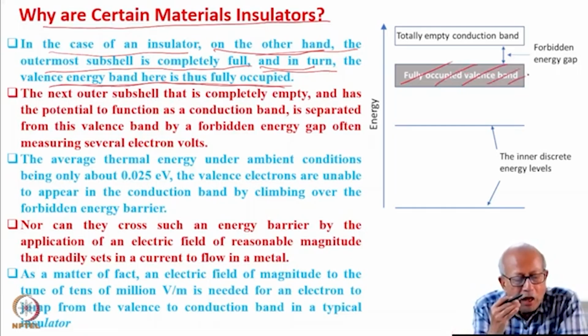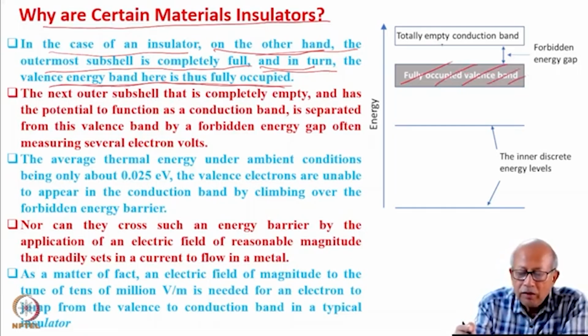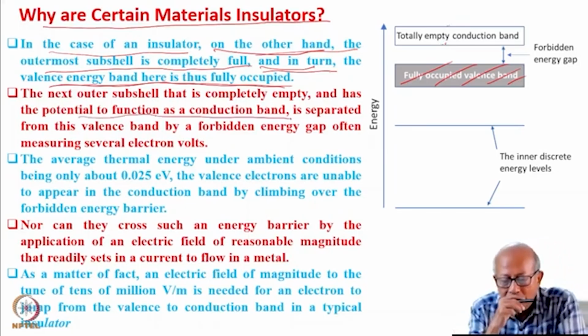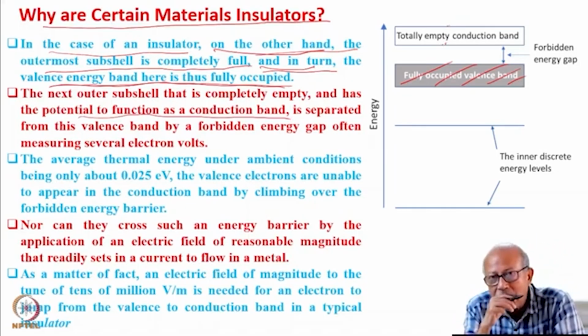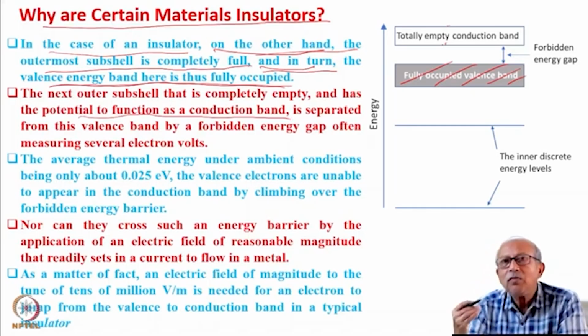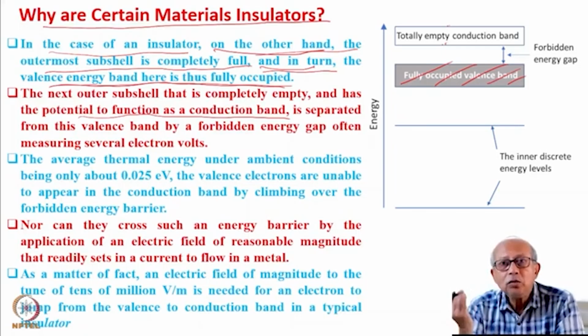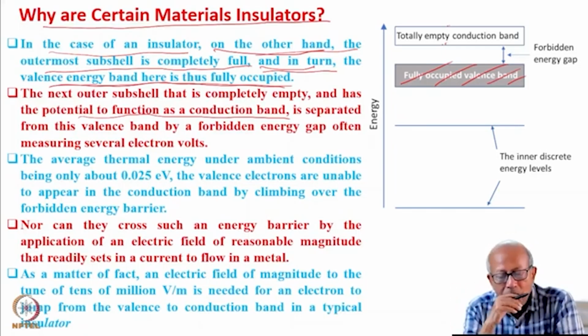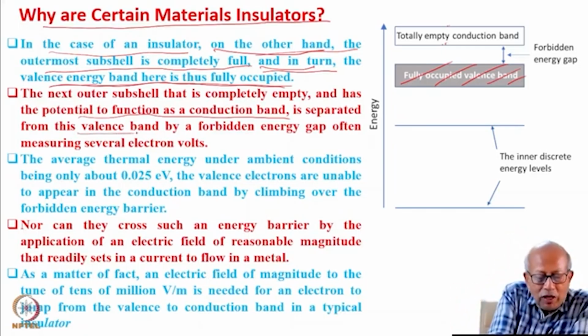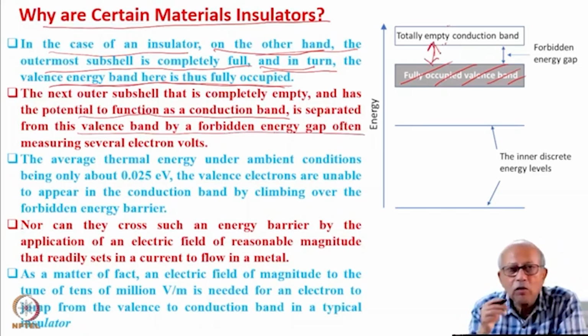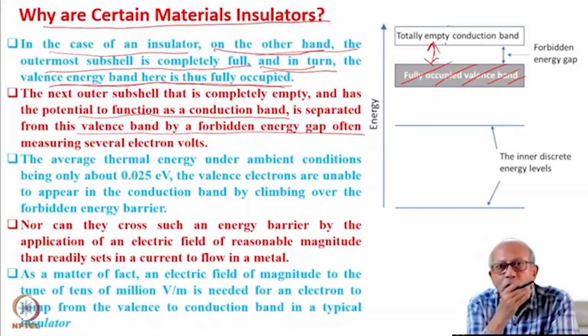The next outer subshell is completely empty and has the potential to function as a conduction band, because if the electron comes here, it is even further away from the nucleus, so it will be even more free to move. But it is separated from this valence band by a forbidden energy gap. This gap is forbidden. The electron cannot go there, as we know from Bohr's theory.